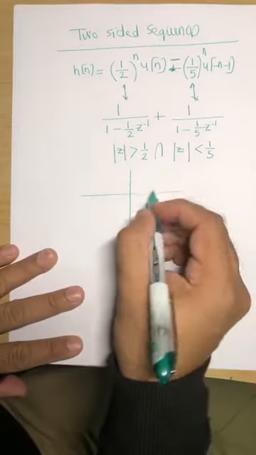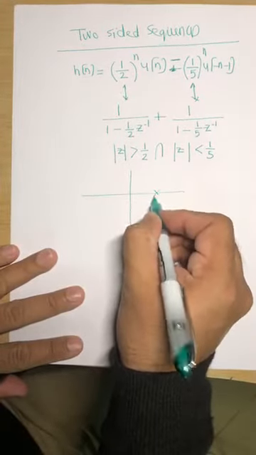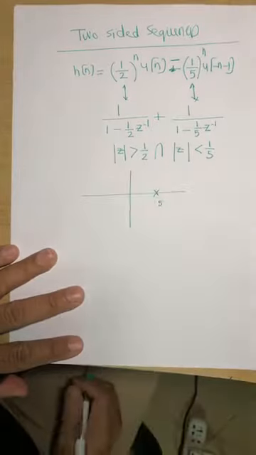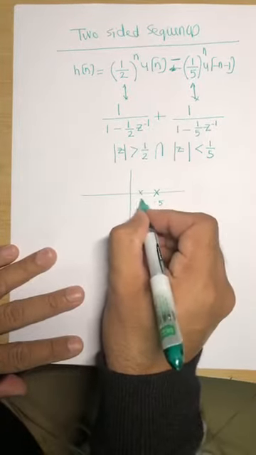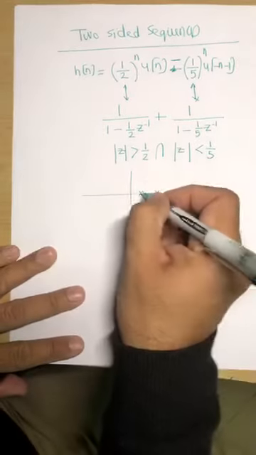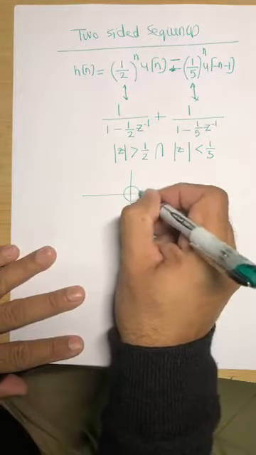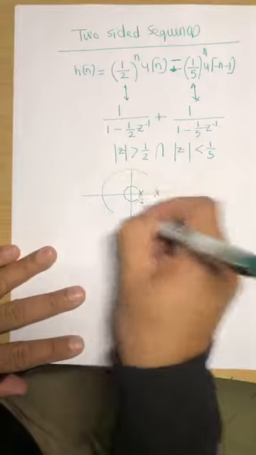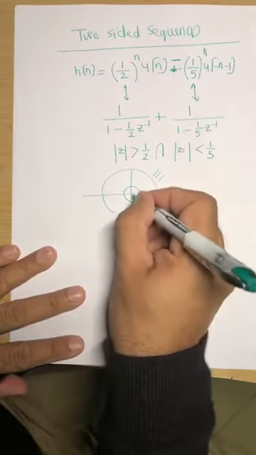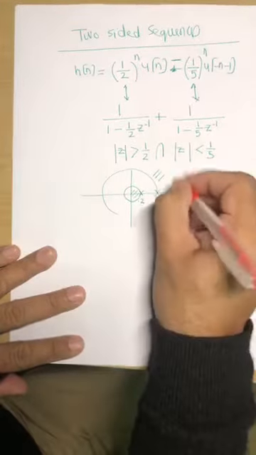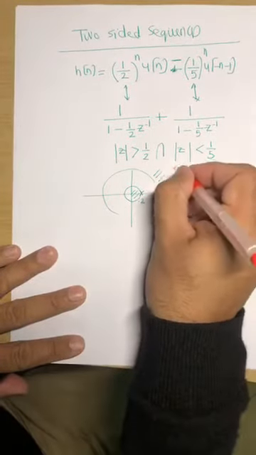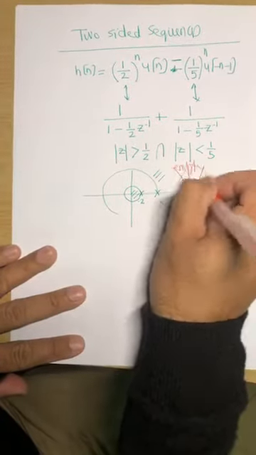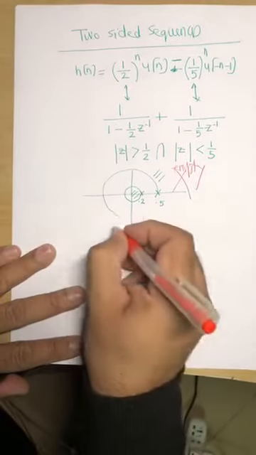So this is 0.5 and this is 0.2. Now it is saying region of convergence is inside this and outside this. Obviously, it's not possible. Empty set. So we say Z transform does not exist.